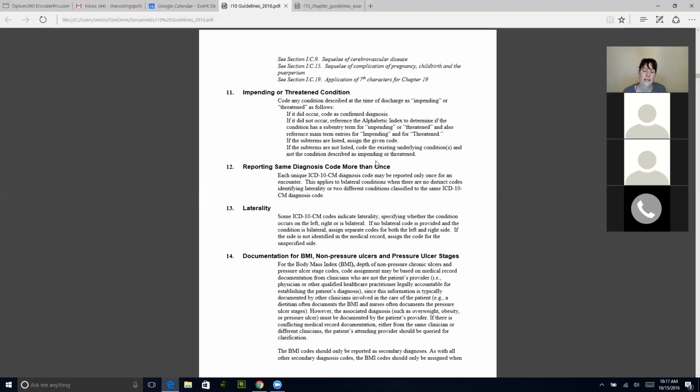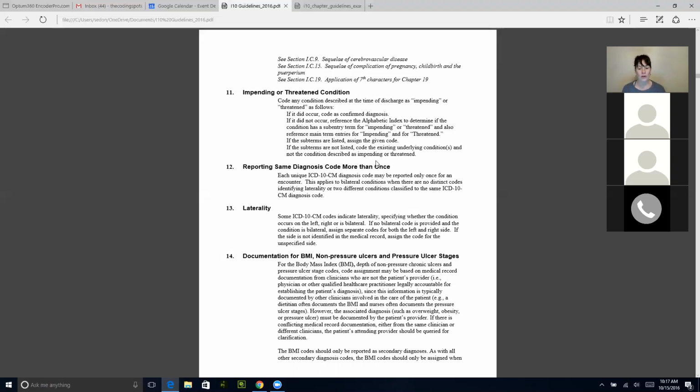So if you have a condition that affects both sides, so it's bilateral, and there's only one code for it, and that code doesn't reference left or right or bilateral, you would only code that diagnosis once. You wouldn't code it twice for each side. If it's exactly the same code, you only use it one time.